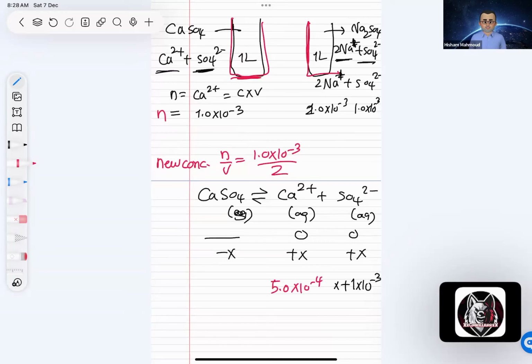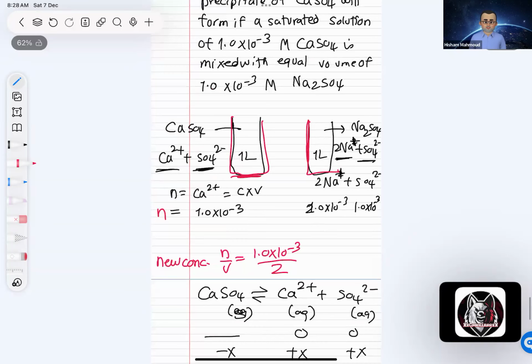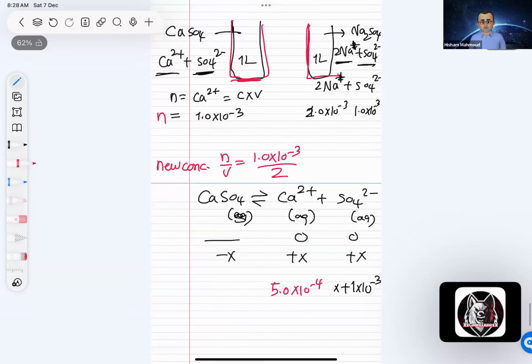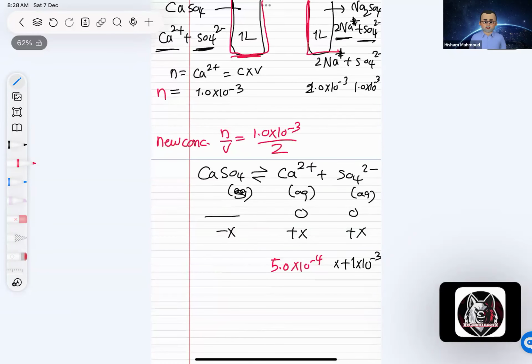So I can say that the sulfate ion remains the same, and it's a common ion. Its concentration is the same here and here. I did not add sulfate ion again. Then I will say what is the Q?